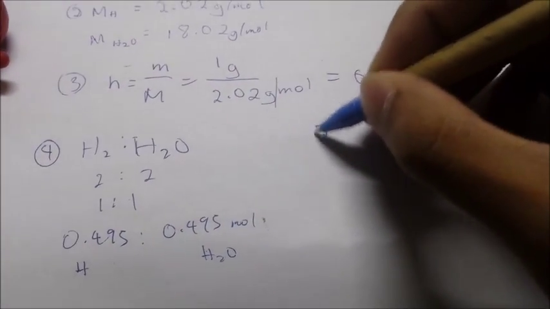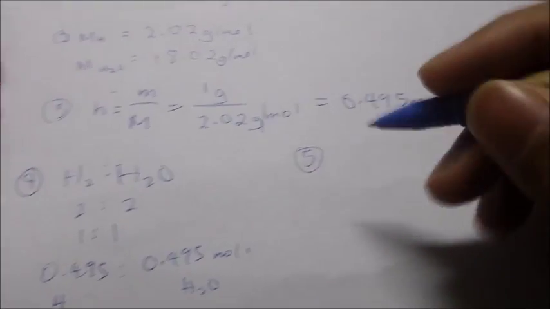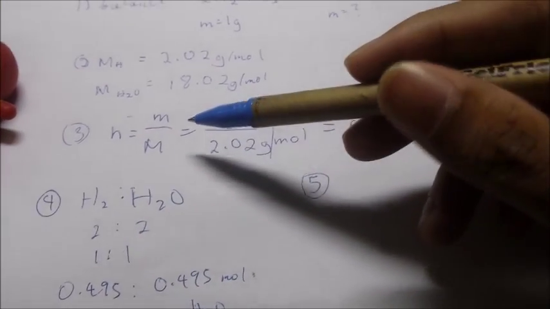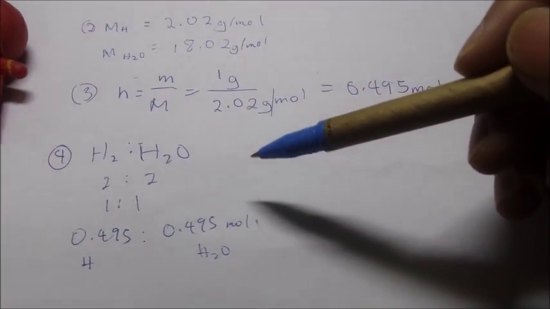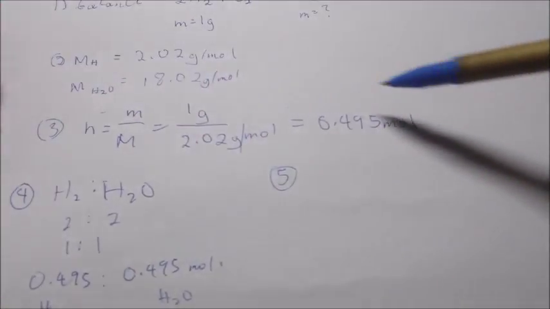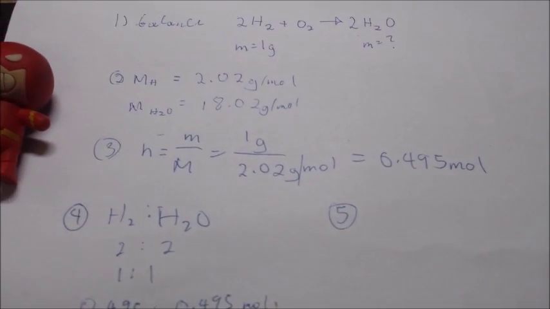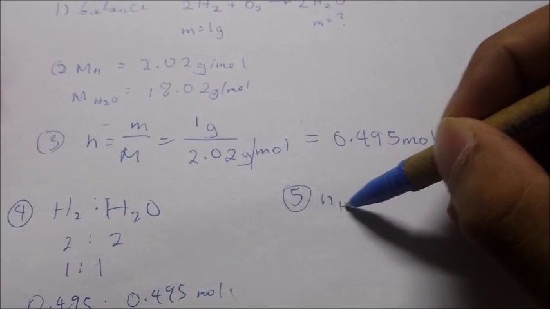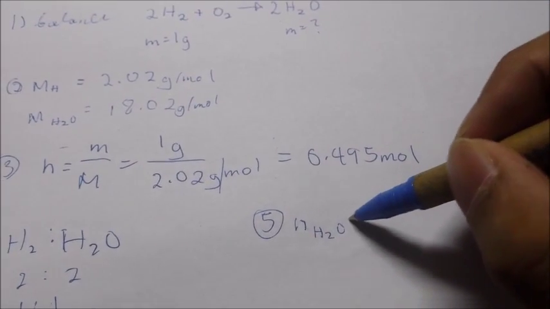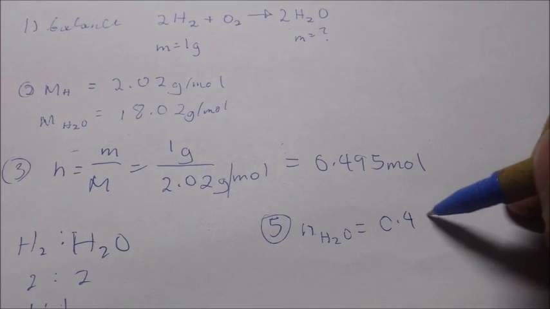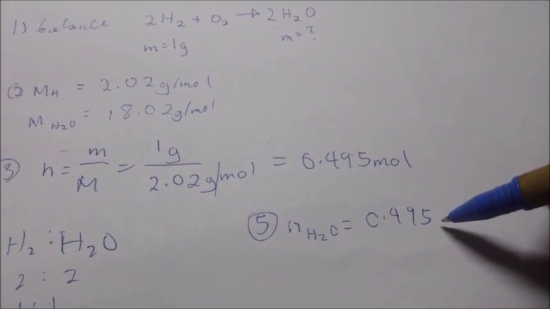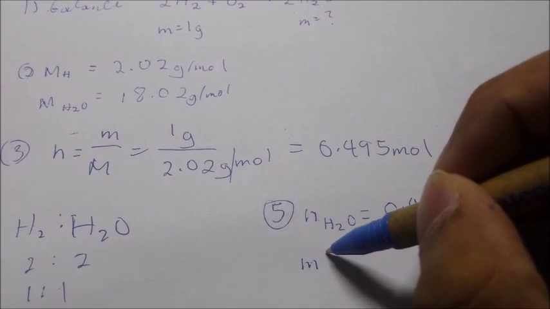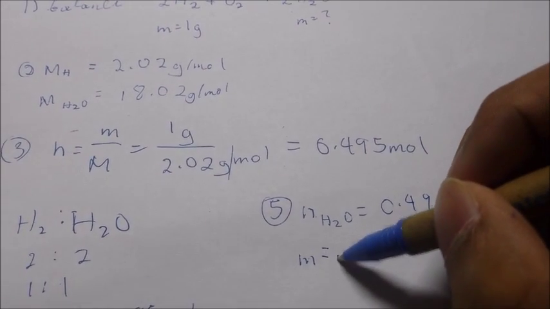The last step is that we're looking for the mass. Basically, from our equation earlier, where is that? It's this one, step 3. Number of moles of water is equal to 0.495 moles. We're going to use this formula to look for the mass, because they're asking how much water we're going to get.